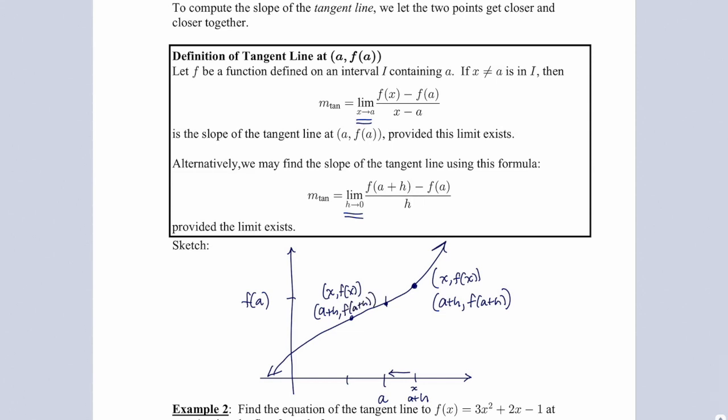And this would just be imagining that h is negative, but if we let h go to 0, we'll still move this way. And x is less than a from this side, and x would be greater than a from the other side.